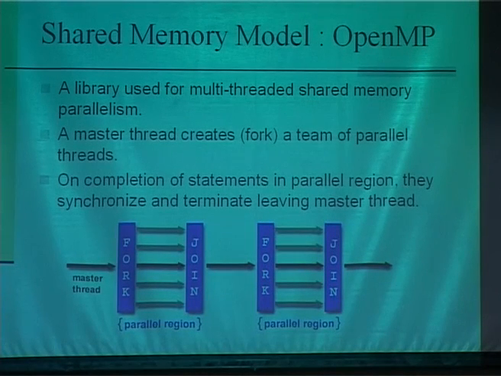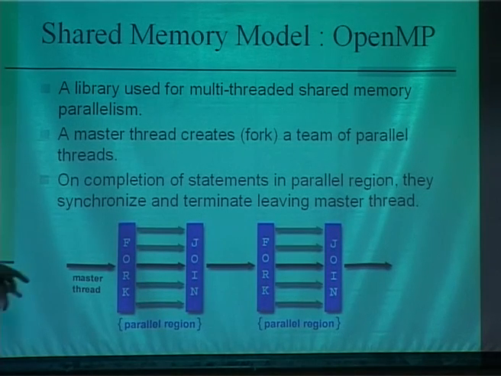So this was BLAS, and now I have to parallelize BLAS on shared memory model. For shared memory model, I have used OpenMP. OpenMP is basically a library used for multi-threaded shared memory parallelism.